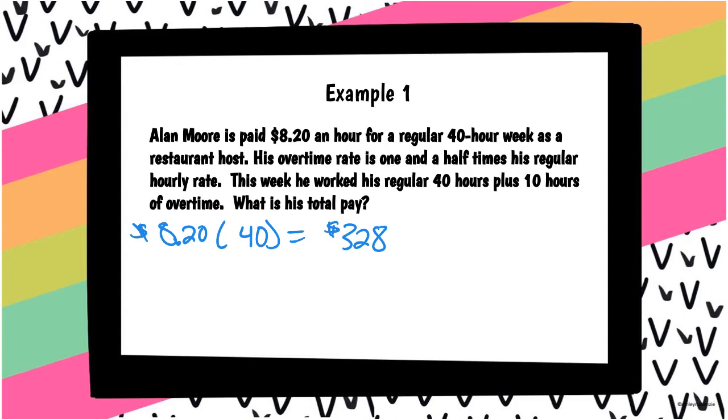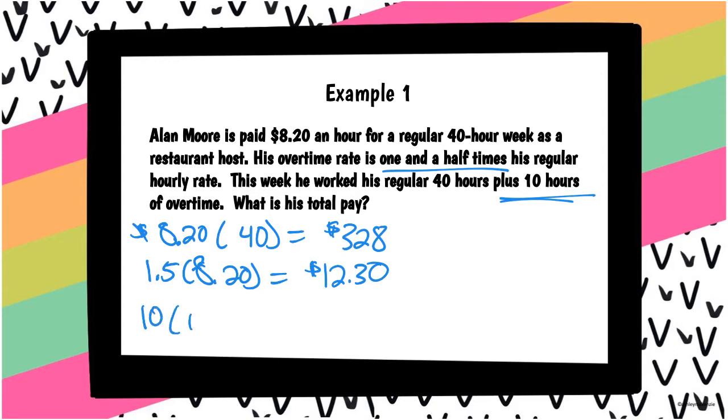Now let's figure out his overtime rate. He gets paid 1.5 times, so we do 1.5 times $8.20, which gives us $12.30. So every hour he works above 40 hours, he gets paid $12.30. He gets paid for 10 hours of overtime, so we take 10 hours times $12.30, which gives us $123.